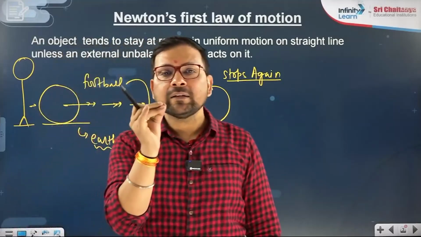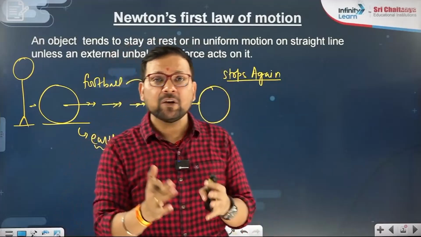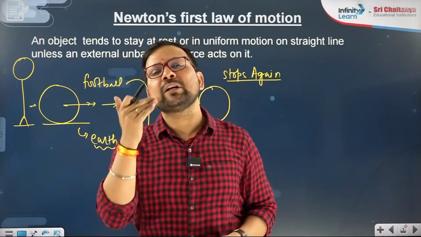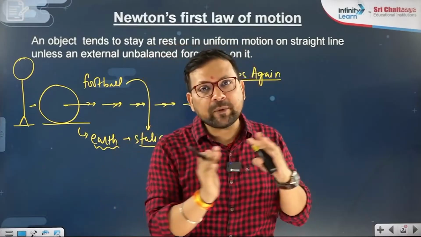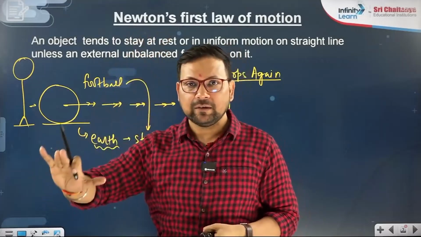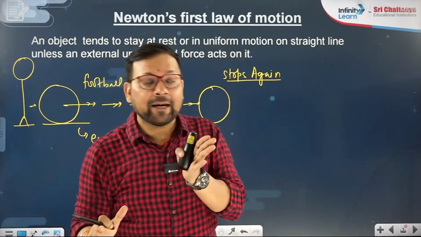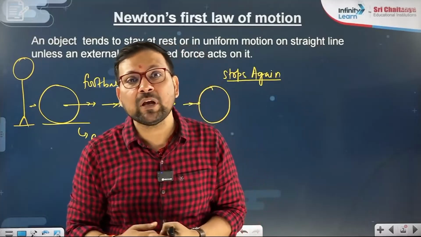He said inertia helps the body to maintain its state of motion or rest. If a body is at rest, it will remain at rest because of its inertia. If a body is in uniform motion, it will remain in uniform motion on a line because of its inertia.